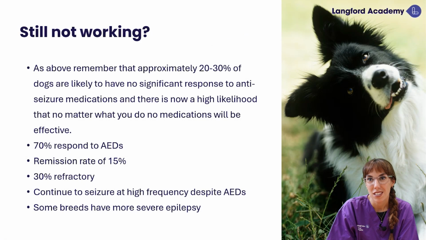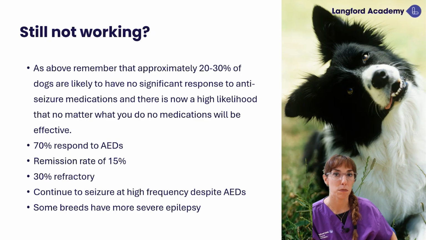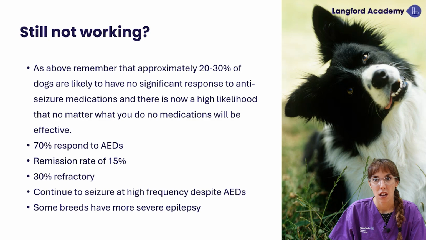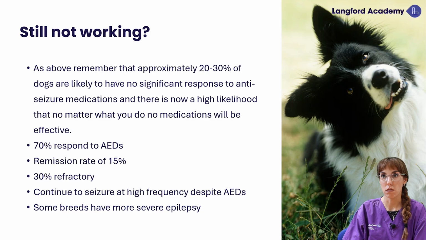So about 20 to 30% of dogs won't respond well to anti-epileptic medication, and sometimes just nothing seems to work. So before rushing into swapping medications around, adding more medications in, I would always go back to basics. So confirm your fundamentals, which is check drug compliance with the clients very thoroughly, and ensure that either phenobarbital or potassium bromide levels have been recently checked and there are steady levels.